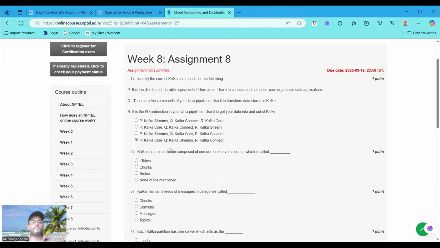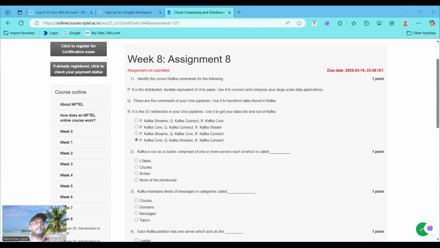That is, P is Kafka Core, Q is Kafka Streams, and R is Kafka Connect. So we have three statements, P, Q, and R, and we have to arrange them one by one. So what is Kafka Core? Kafka Core is the distributed, durable equivalent of Unix pipes used to connect and compose large-scale data applications.